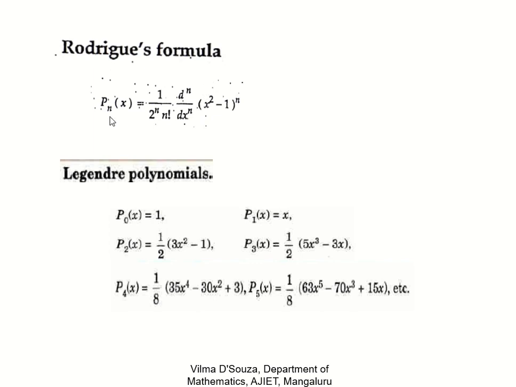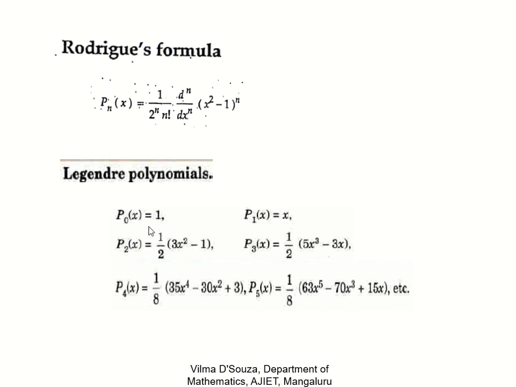Now, if you go on putting n equal to 0, 1, 2, 3, etc., you will get P0, P1, P2, P3 and so on, and those are known as Legendre polynomials. For example, when you put n equal to 0, the left hand side is P0 of x.